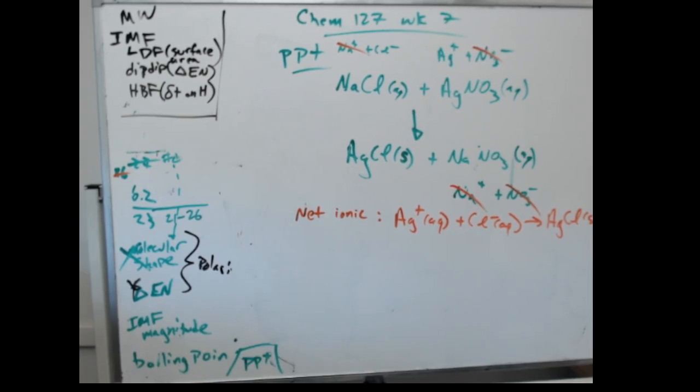If those three things are the same between the reactants and the products, before the arrow and after the arrow, it didn't change. It's a spectator, and we get rid of spectators. And all three of them have to be the same. If any one of those things change, something's changed.